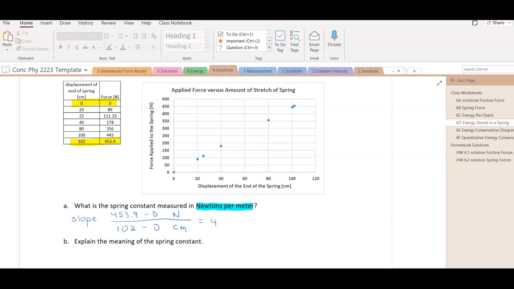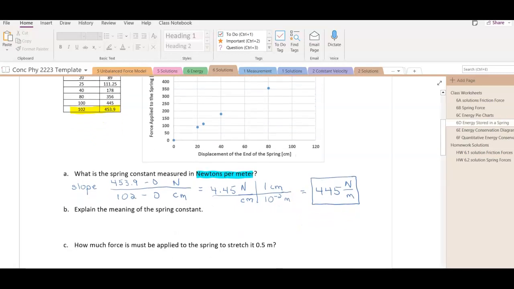So my spring constant is 4.45, but that's newtons per centimeter. And I know that 1 centimeter is 10 to the negative 2 meters. And so I need to convert, and that will give me a spring constant of 445 newtons per meter.